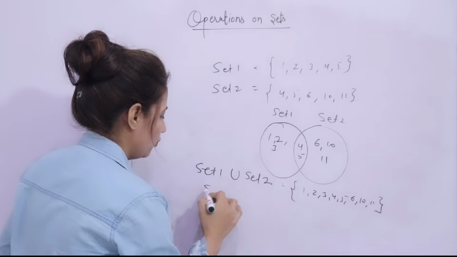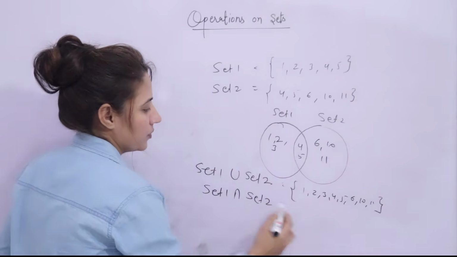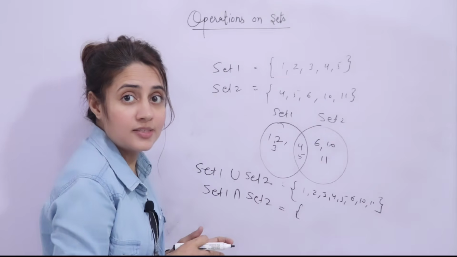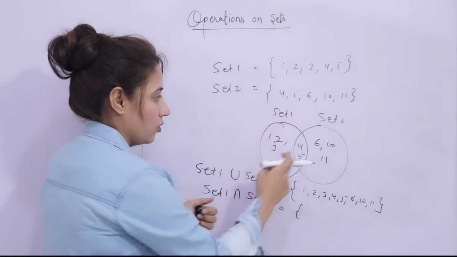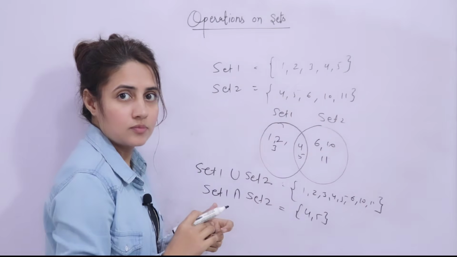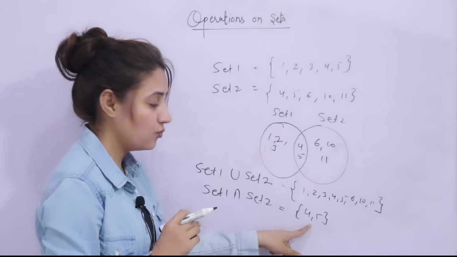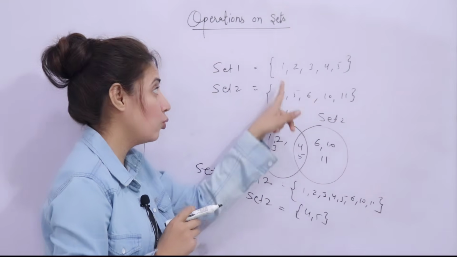If you want to find out set 1 intersection set 2, then intersection means what elements are common in both set 1 and set 2. So common is 4 and 5, so it will give 4 and 5. Intersection is the set of all the elements which are present in both set 1 and set 2.